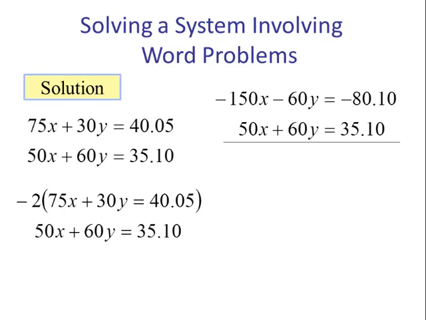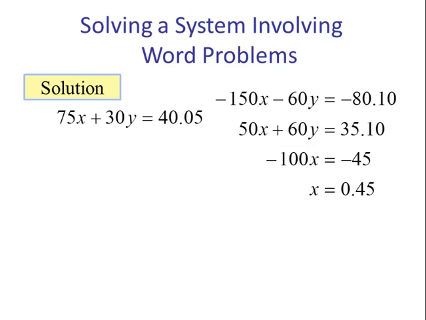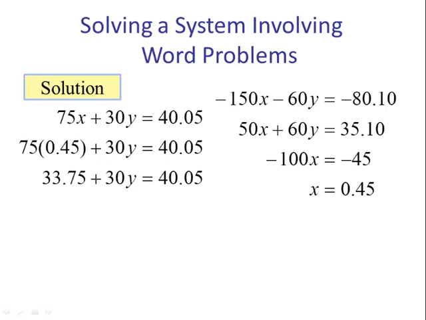Add that to the second equation, and we have -100x equals -45. Dividing by -100, we have x to be 0.45. To find y, we take an original equation and substitute in for x. So we have this equation, and now we need to multiply 70 times 0.45.